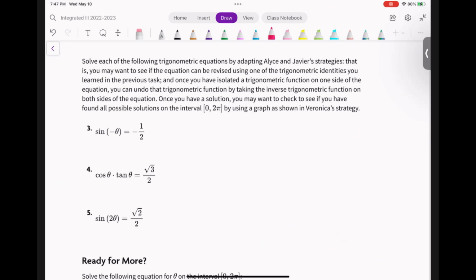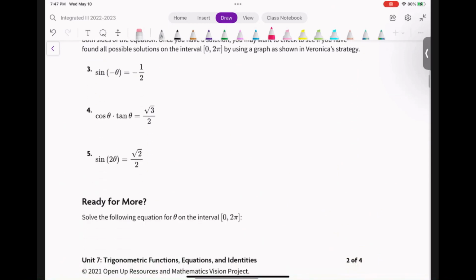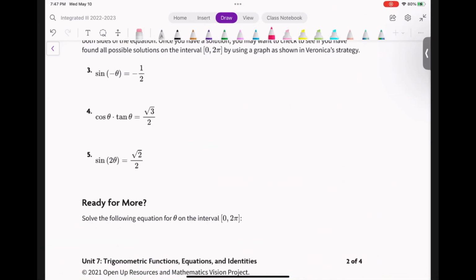Once you have a solution, you may want to check to see if you have found all possible solutions on the interval for the first rotation, 0 to 2 pi, by using a graph using Veronica's strategy. So we're going to solve it using either Alice's or Javier's way, and then we are going to check to see if there's any more in that interval.